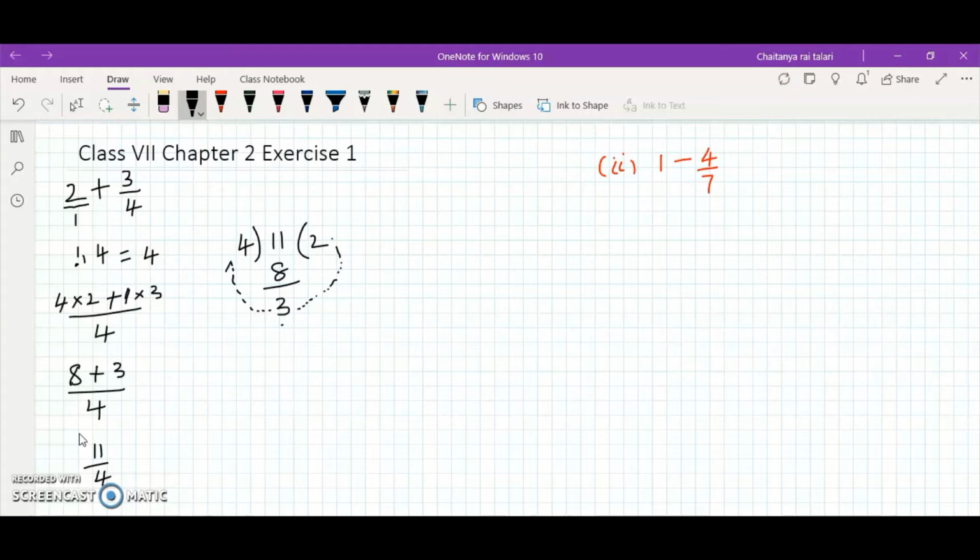This is the way we write a mixed fraction. So first we write 2, and then comes the remainder 3, and finally we write the denominator 4. So 2 4s are 8 and 8 plus 3 is 11. In this way you can try the questions 1 minus 4 by 3 and 1 minus 4 by 7.